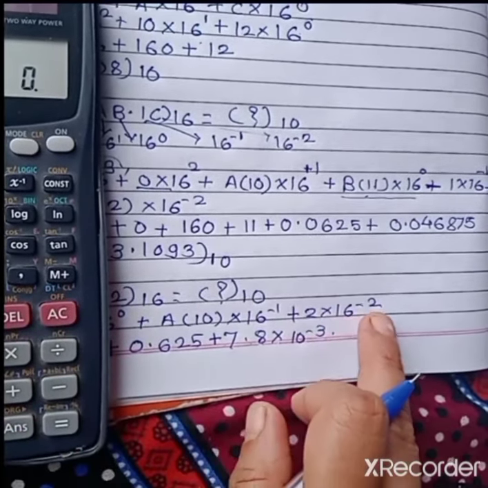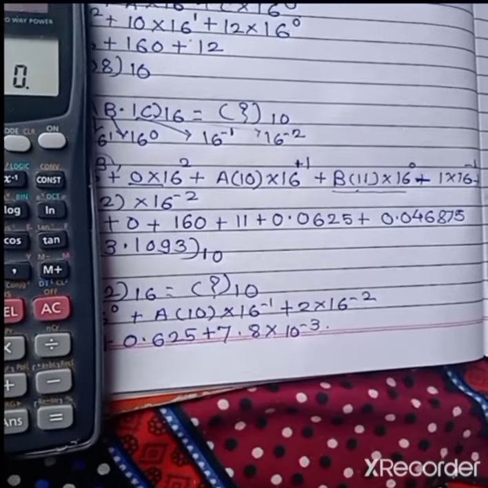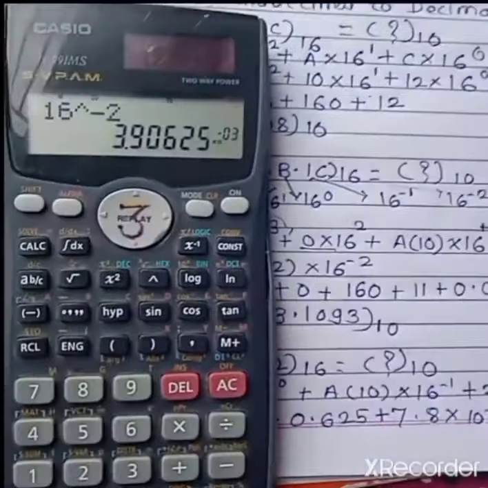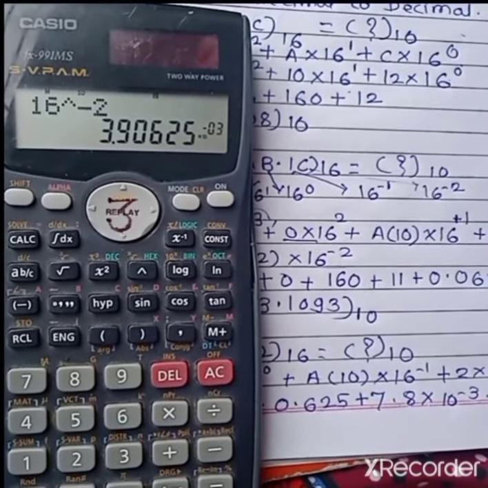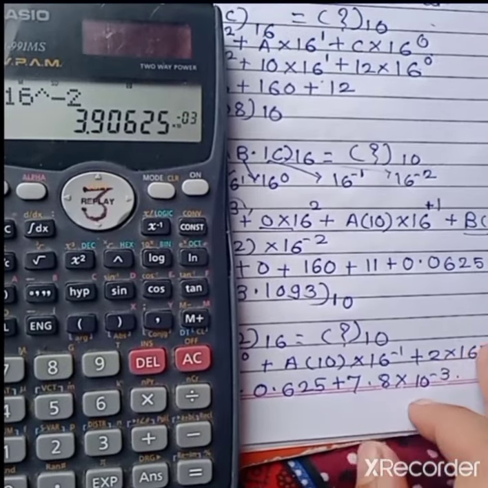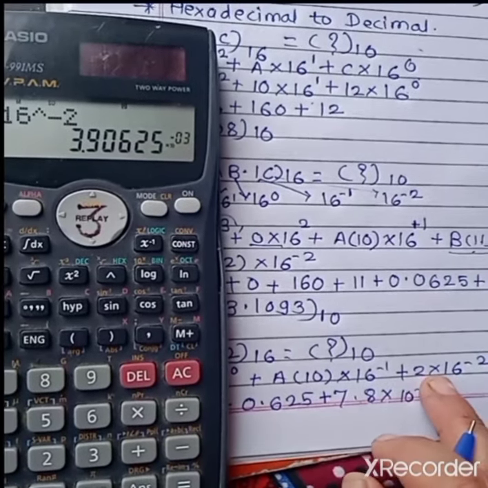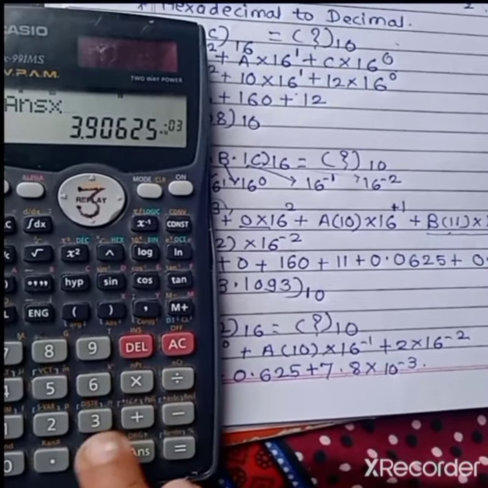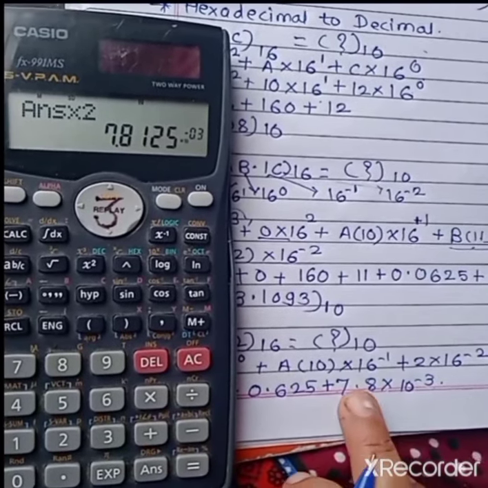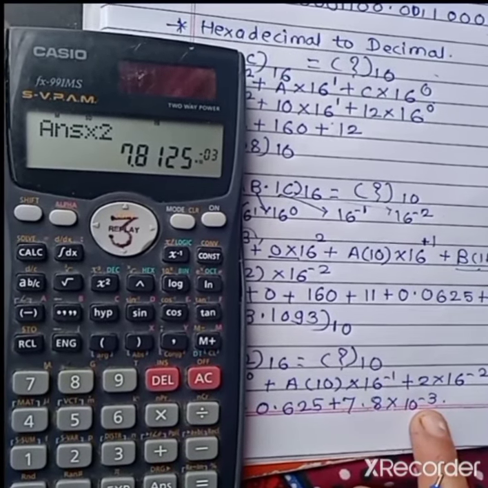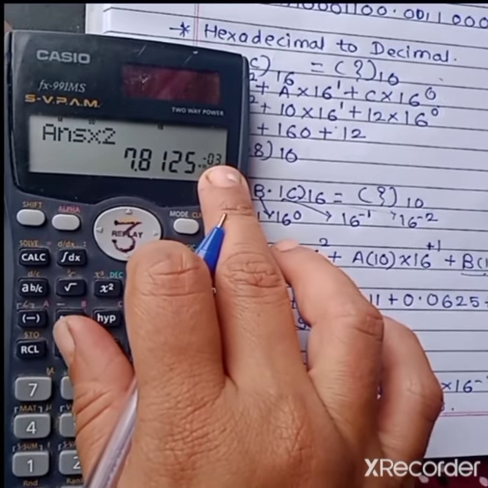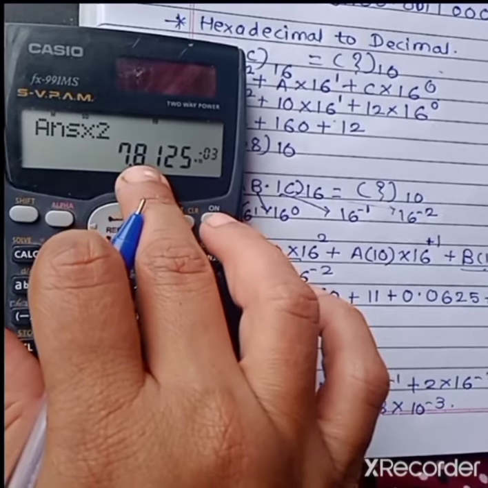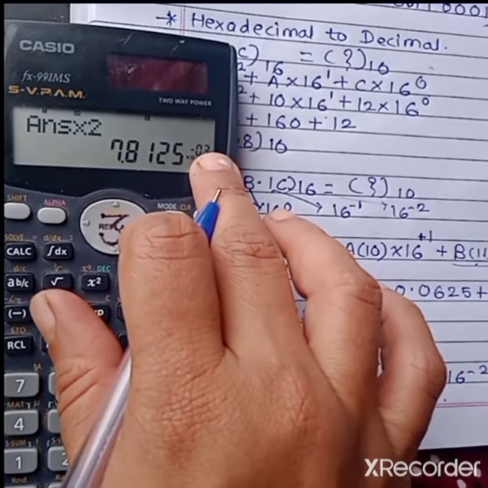Then 16 raised to minus 2, the answer is 3.90625 into 10 raised to minus 3. You have to multiply this answer again by 2. So 7.8 into 10 raised to minus 3. No need to take all these digits, 7.8 into 10 raised to minus 3 is sufficient.